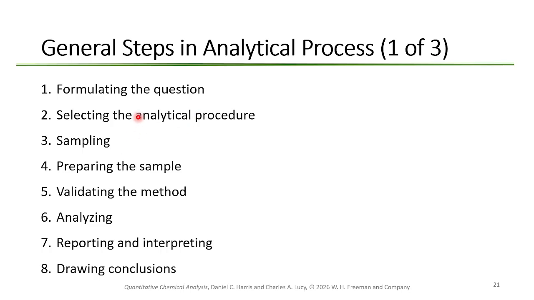The reason this goes directly into selecting the analytical procedure is because in reality, your hypothesis, by the fact that you're doing analytical chemistry, is already somewhat subsumed in your question, isn't it? You're going to be finding how much of that is there. There you go. Is it there, and how much of it is there?